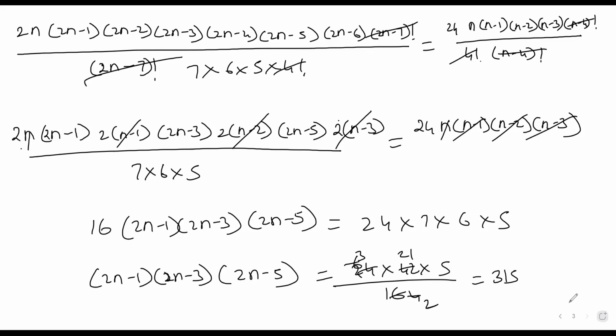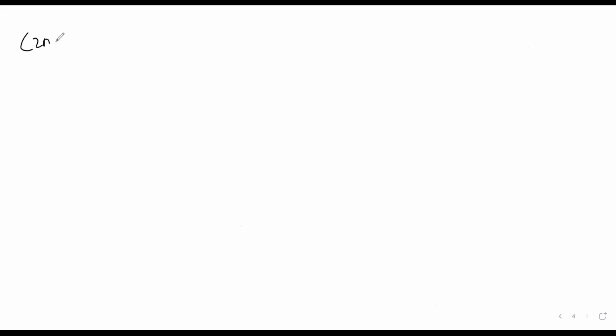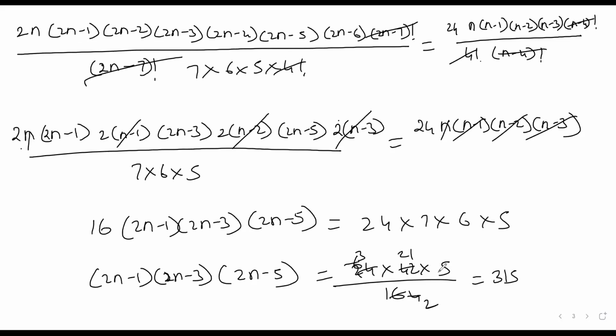Now, 2n minus 1, 2n minus 3, 2n minus 5. These are odd numbers. And these are alternate numbers. Suppose n is 10, so 2n is 20. 20 minus 1 will be 19, and 20 minus 3 will be 17. These are odd numbers. So we have to express 315 as a multiplication of odd numbers.